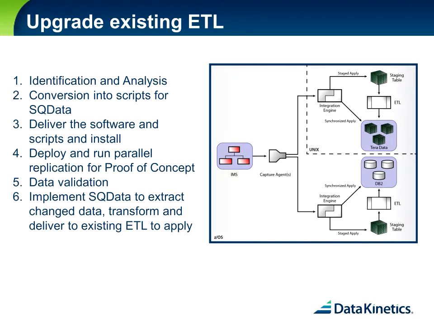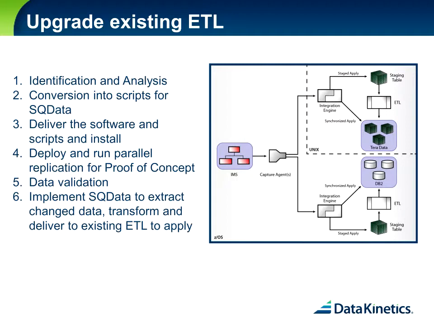One thing that often where the SQData tool gets used is to upgrade existing ETL. This is where there's already a process in place that is doing a bulk extract, transform, and load. So pulling data out of one database system, doing the transforms necessary on it, and loading it into a second database system.